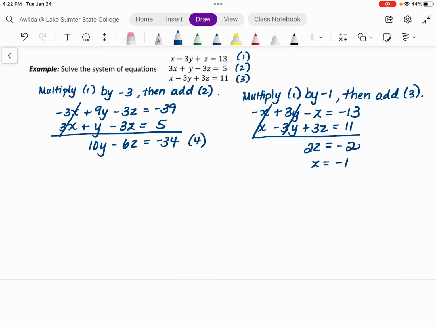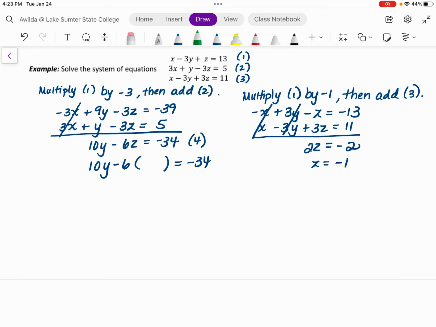Now, I need to somehow solve for y and then for x. Notice how equation 4 has only y and z. Let's go back to equation 4, and I'm going to rewrite it. 10 times y minus 6 times whatever z stands for is equal to negative 34.